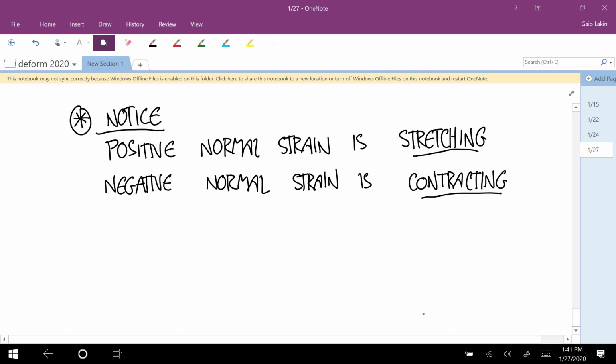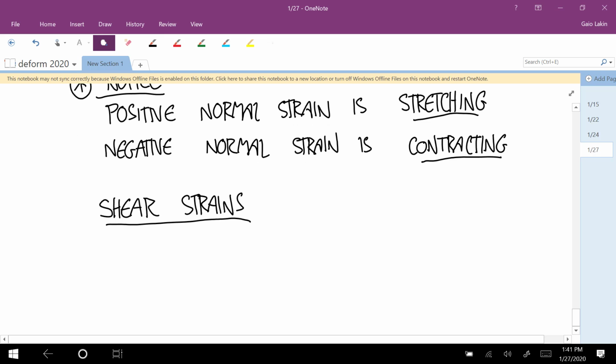Okay, so now shear strains. Shear strains have to do with the changes in angle between the sides.